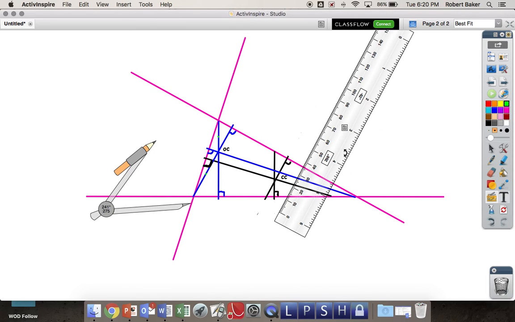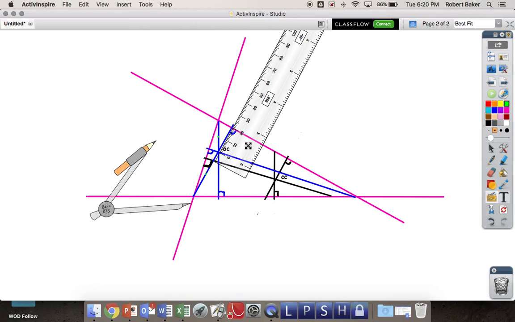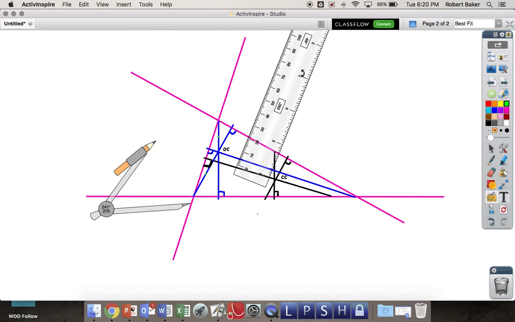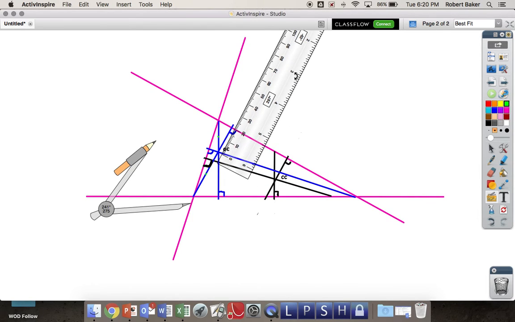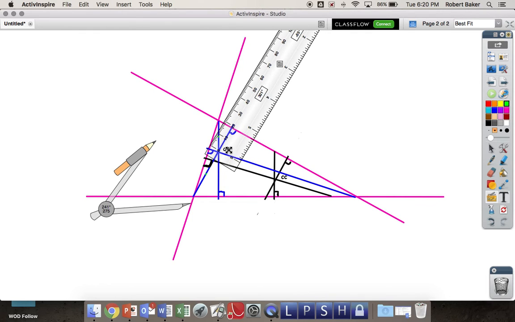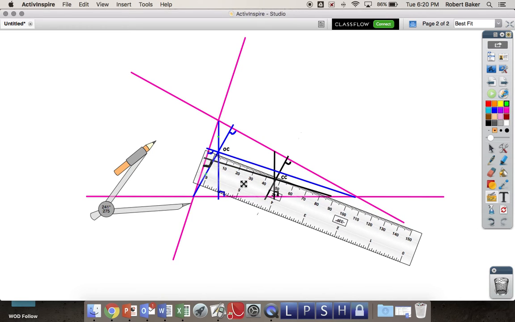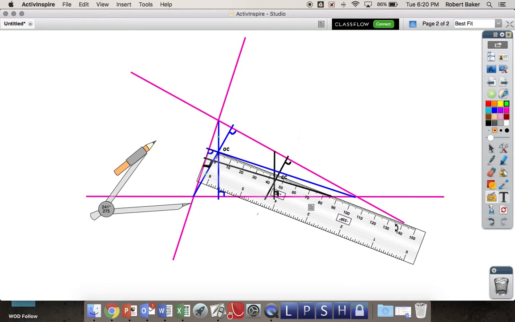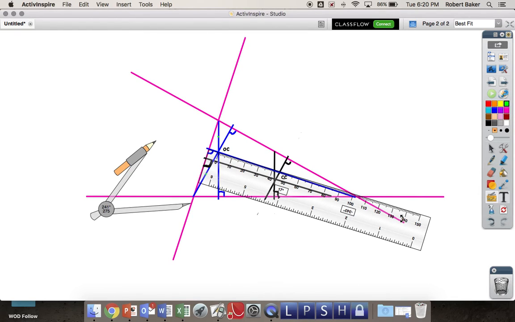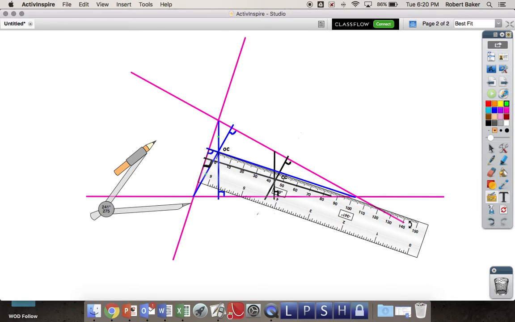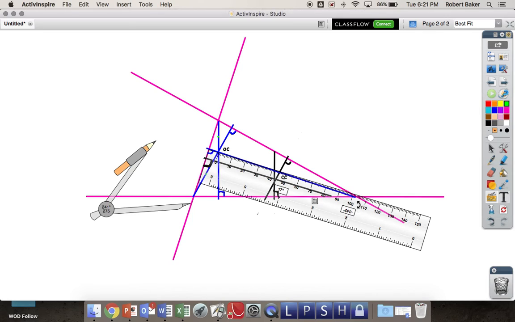And then again, the last one, it goes from the orthocenter to the vertex. Apologize for any lack of measuring skills here. So I'm going to call that, let's see if I can get close, 103, 104.